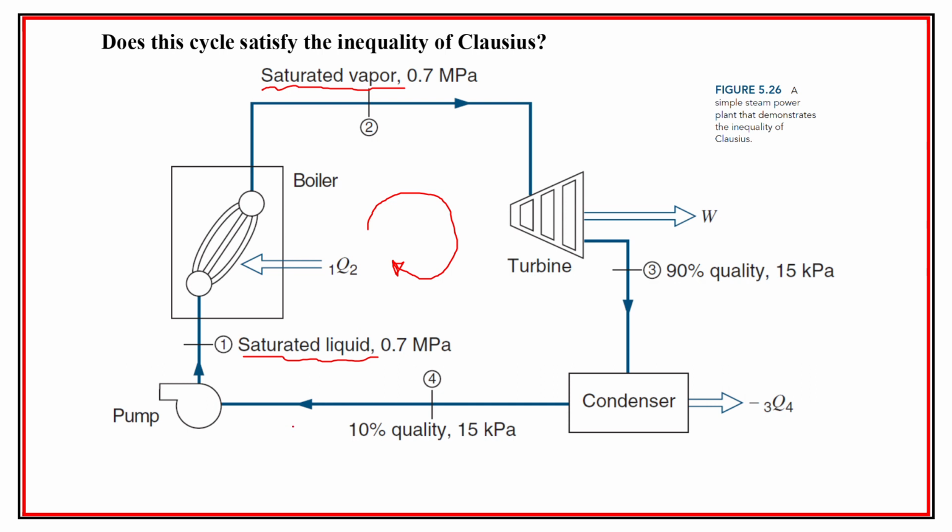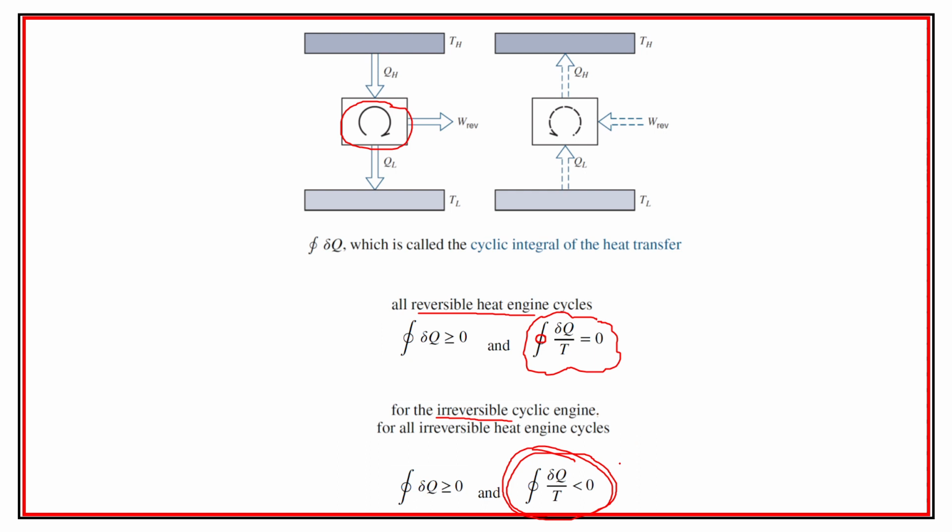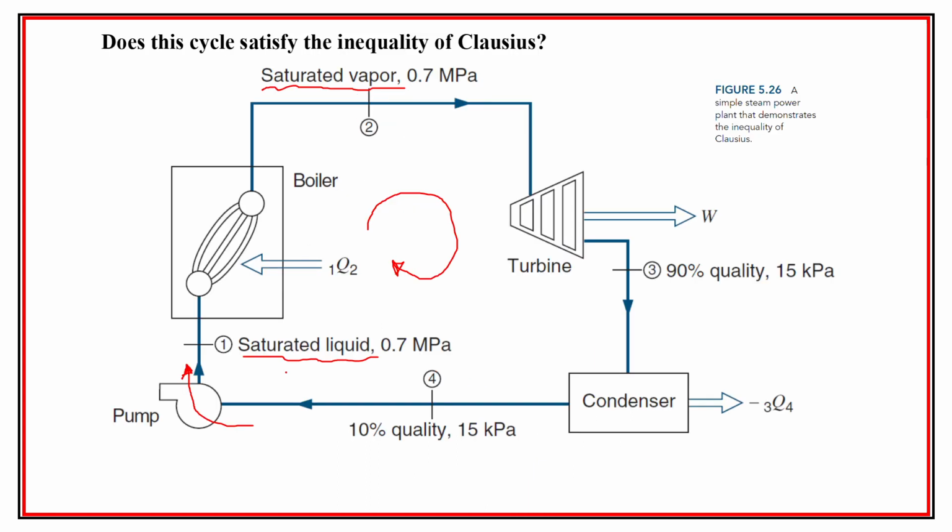So the pump has somehow taken this 10% quality and moved it up to there. That's not really real, but that's okay. We can go ahead and work through it. So we will look up what all these properties are and then do an analysis where we apply this idea. That's our goal. That's what we're doing.